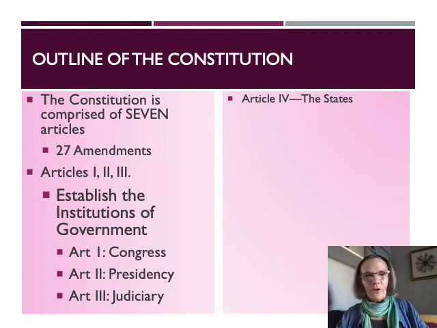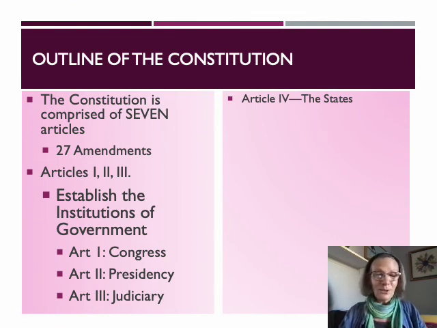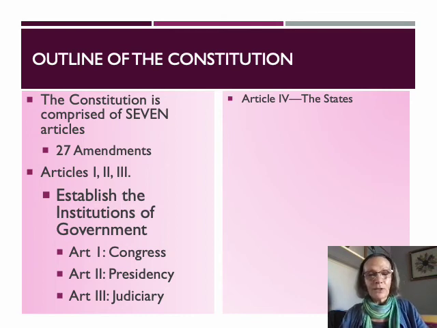So here we are creating this new constitution, and it is creating a massive, much larger federal government, right? It's not just one institution now, it's 3 institutions of government, and these 3 institutions have a lot of power. That was a cause for controversy as the states were asked to ratify the Constitution.